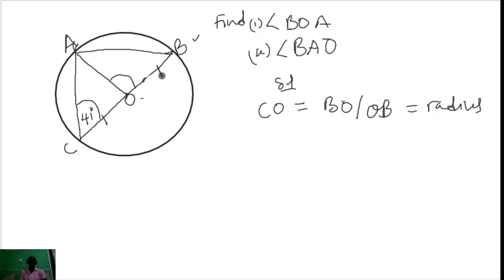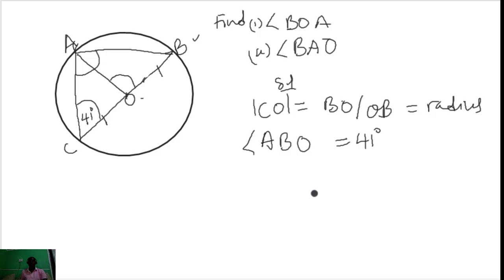So this is equal to this. And in that case, we can see that angle ABO will give us 41 degrees.